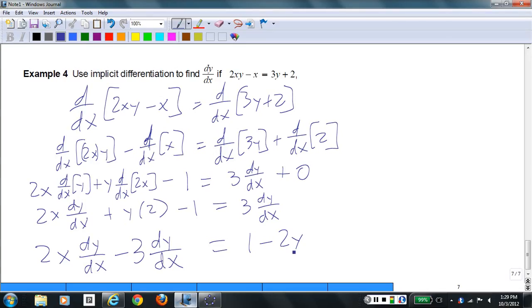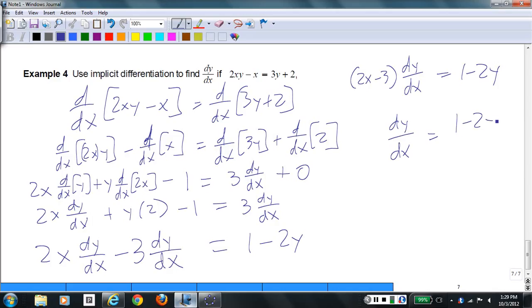Factor the dy/dx out of each expression on the left, and it'll be 2x minus 3 times dy/dx equals 1 minus 2y. And dy/dx then equals (1 minus 2y) over (2x minus 3).